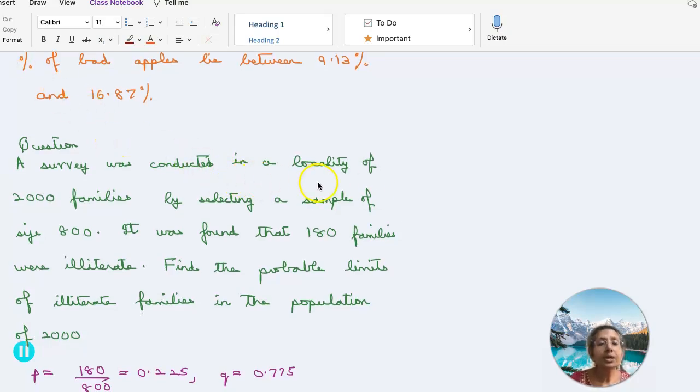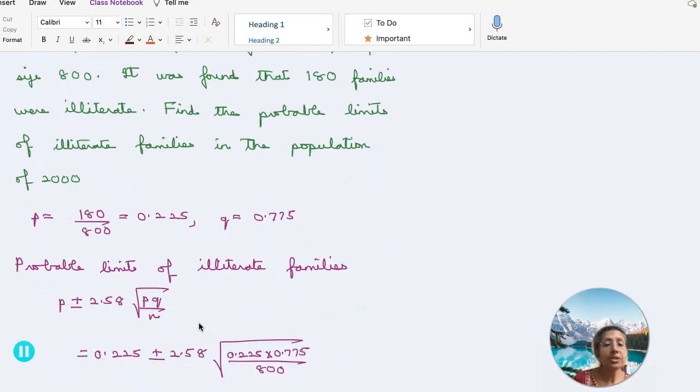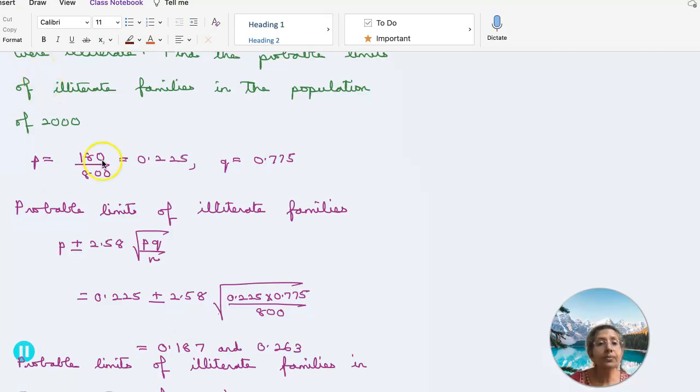Coming to the next question. A survey was conducted in a locality of 2000 families by selecting a sample of size 800. It was found that 180 families were illiterate. Find the probable limits of illiterate families in this population of 2000. So p is 180 by 800, which is 0.225. What will be q? 1 minus p, which is 0.775.